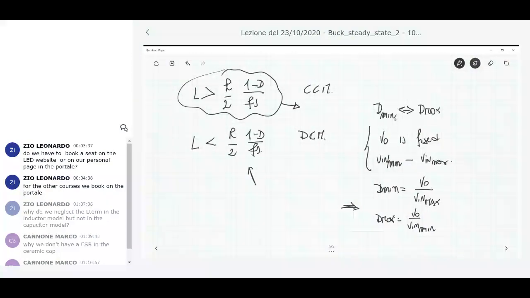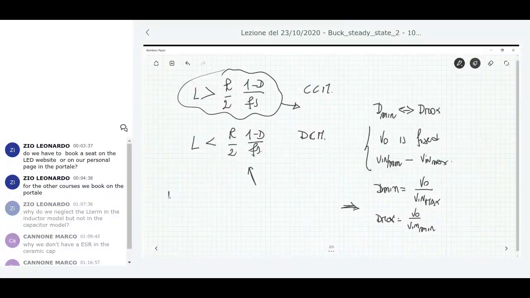If you want to be sure that the inductance is always greater over this duty cycle interval, then what is important is 1 minus D minimum, because in that situation you get the maximum value. 1 minus D minimum is a very large value. The switching frequency is constant, so there is no problem. The number 2 is a number, so R is another variable condition.